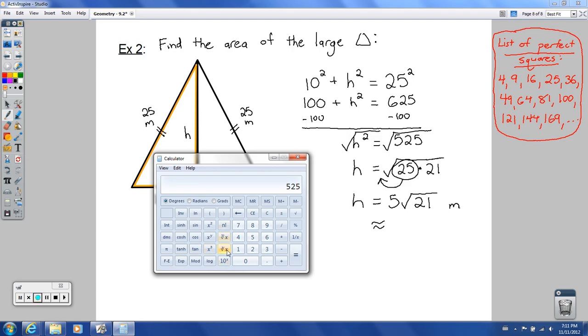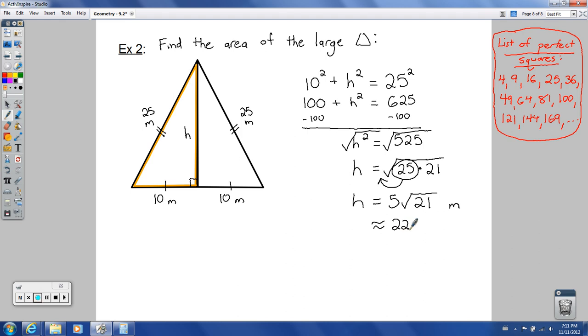There it is. That's the cube root button there. Over here, there we go. So the square root of 525, 22.91, if you round that to two decimal places, to the nearest hundredth.